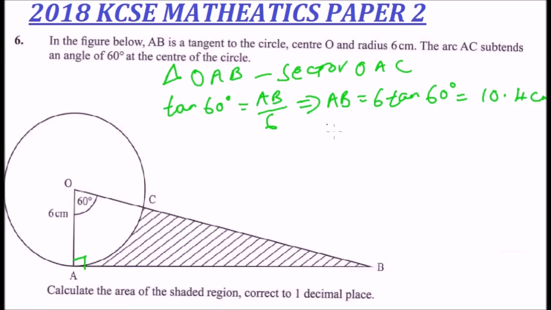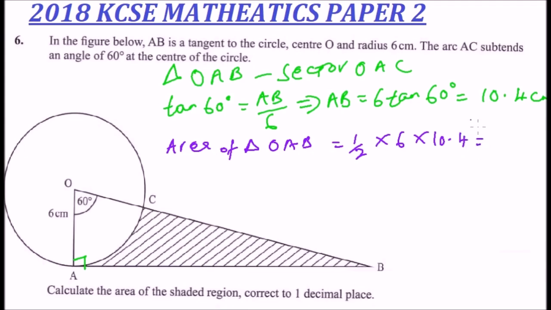Having gotten that, we can find the area of triangle AOB. So area of triangle OAB is equal to a half base, which is 6, multiplied by height, which we have found is 10.4, that is AB. When you work that out, you should get 31.2 centimeters squared.